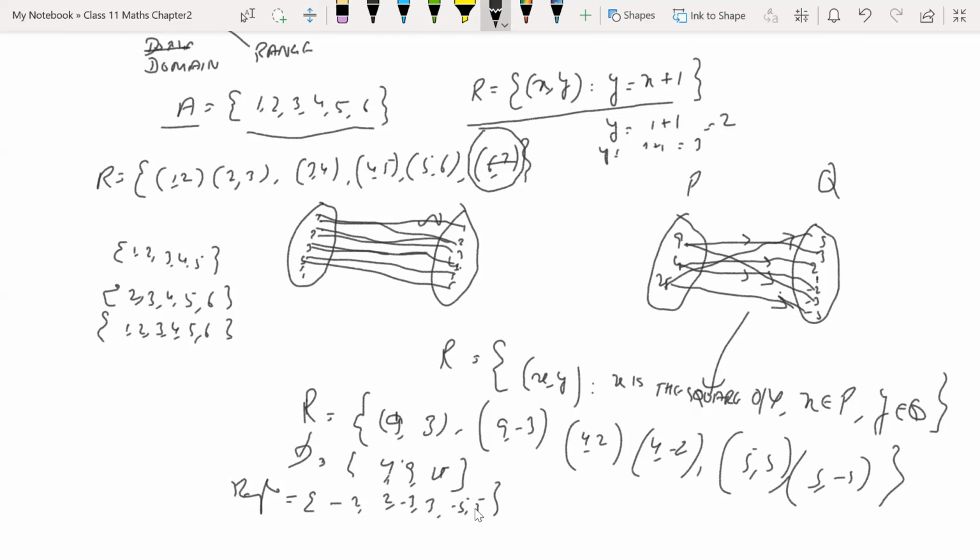Set Q is the codomain of this relation. And here 1 is also given, but 1 is not related to anybody. Hence, it doesn't come in the categories of range or domain because it is not related to anybody. I hope you understood this very well.